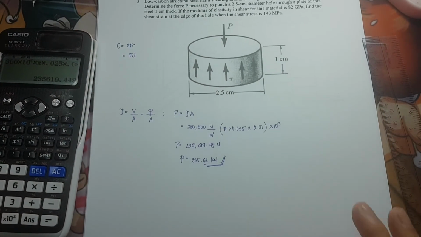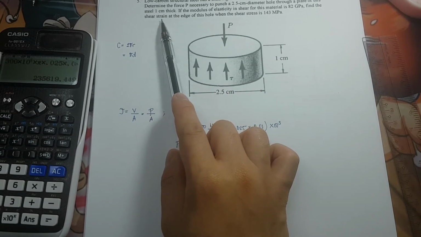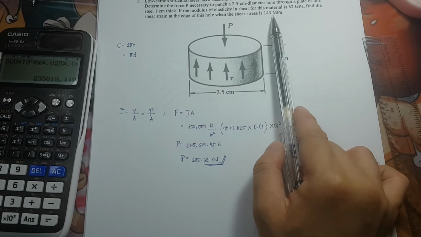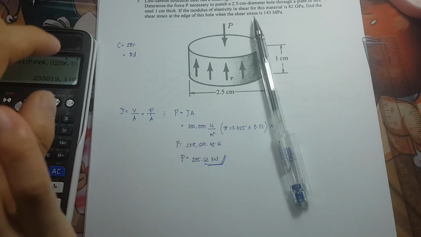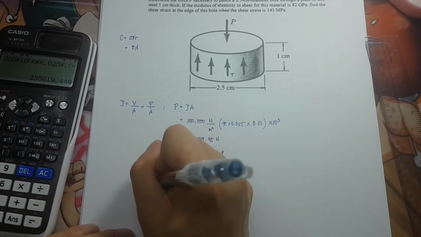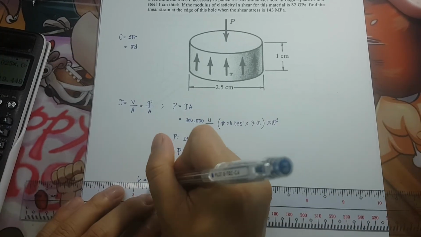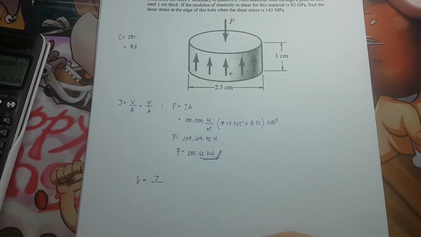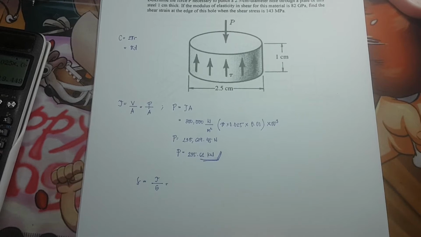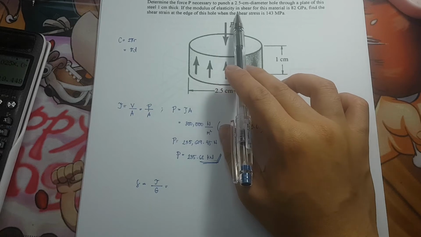Okay, the next unknown is to determine the shear strain at the edge of this hole when the shear stress is 143 megapascals. So for the strain, we have our equation. Strain is equivalent to the shear divided by the modulus of elasticity of the steel, or rather the modulus of elasticity in shear.